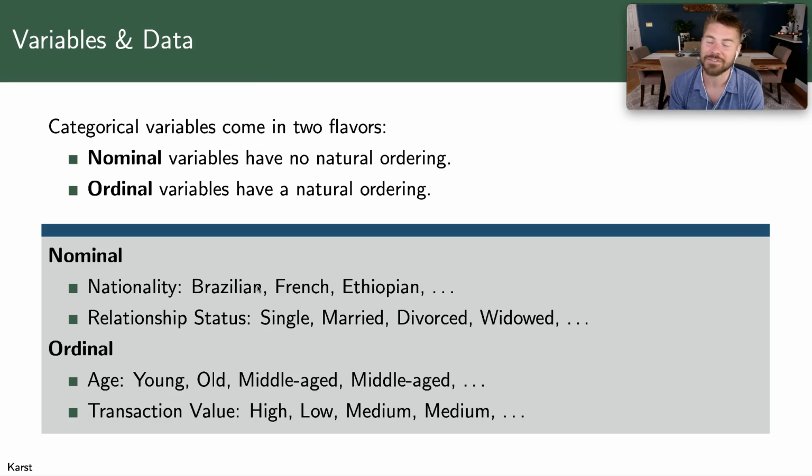So, for instance, if we have nominal variables, things like nationality or relationship status, these are nominal variables. They don't have any particular ordering. Now, I actually had a student last semester push back on this. They said, actually, I think relationship status should be ordinal, because first you're single, then you're married, then you're divorced or widowed or something like this.